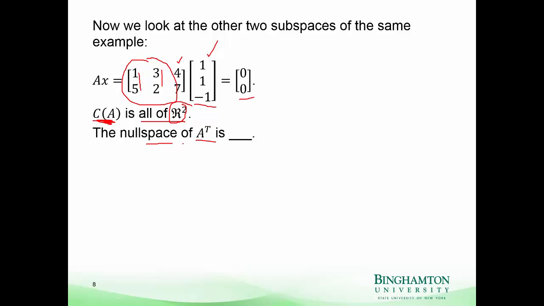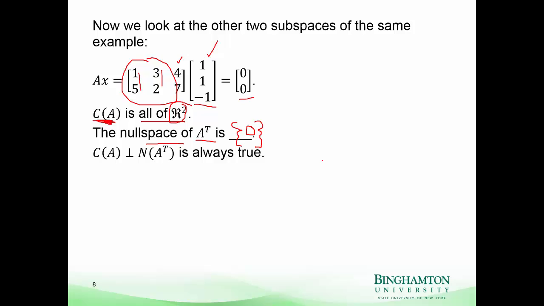We know that the null space has dimension, in this case, 2 minus 2. The null space has dimension 0, and the only space that has dimension 0 is the space of just the 0 vector. So the null space of A transpose, for this case, is just the 0 vector.